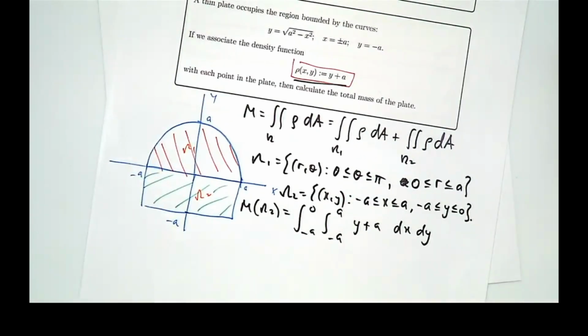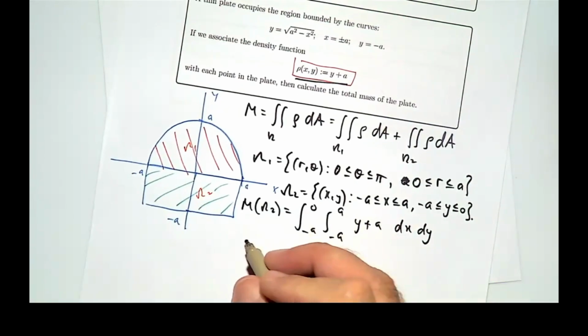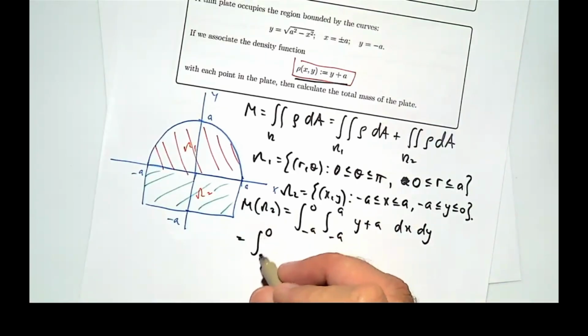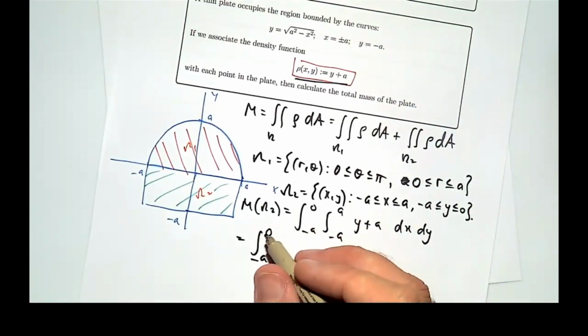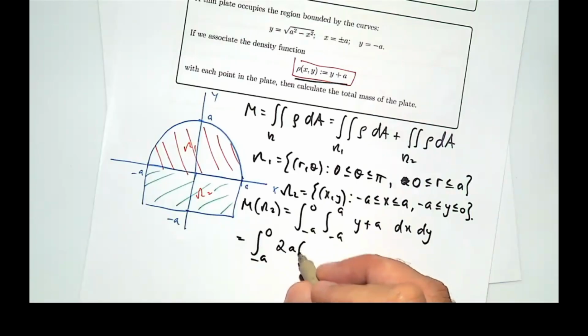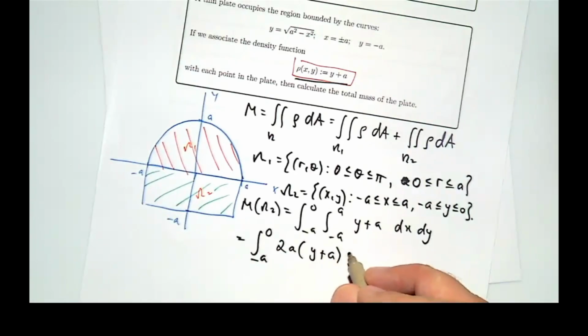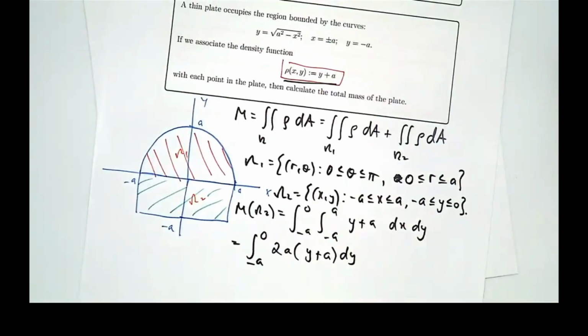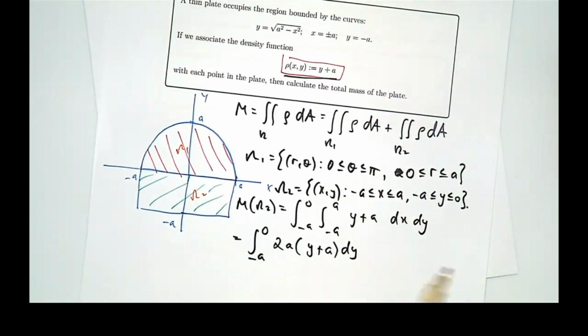Okay, so that's our first integral. You can see that what we're integrating doesn't actually depend on x, so it's a pretty easy integral to do. Okay, you would just multiply by x and put in that. Okay, now it gets a little bit more difficult. I'm integrating with respect to y, so y plus a, you could write it as a squared.